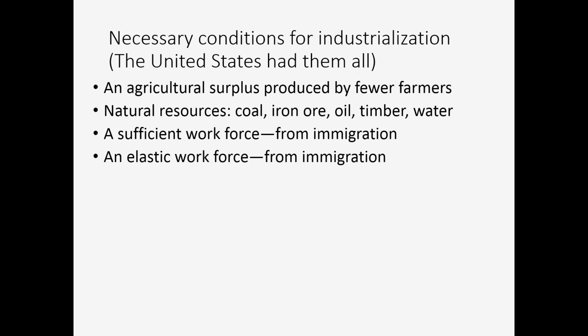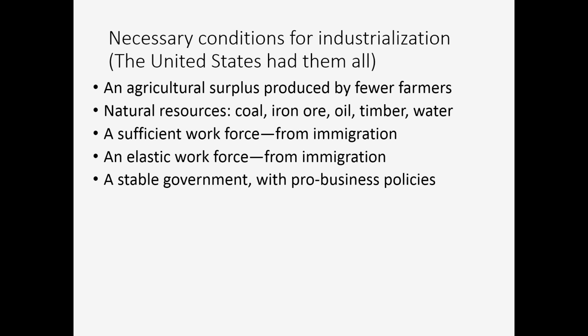Some of those who had moved to the cities from rural America turned around and went back to family farms, and that meant that the workforce could shrink when there wasn't work to be done. And that was something that industrial America also welcomed because it created fewer problems in cities.